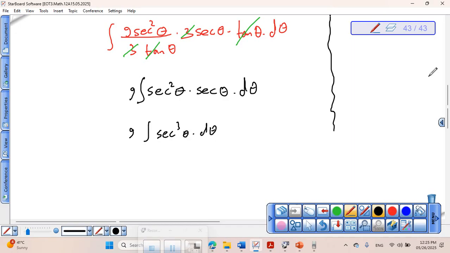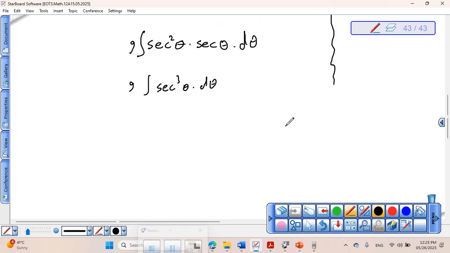You can use integration by parts to solve this question. Maybe u equals sec theta, then du equals sec theta tan theta.